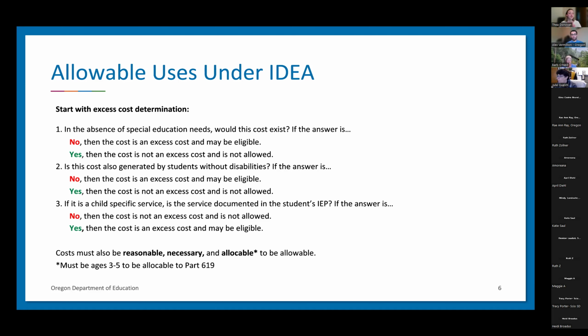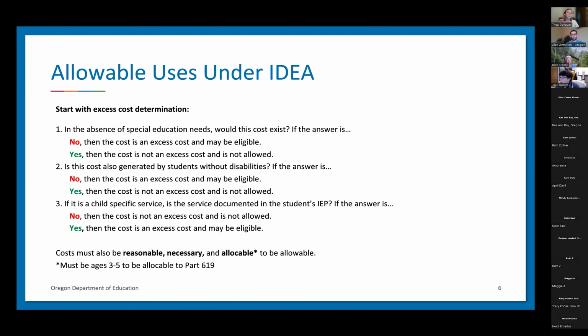If a student has a need documented on an IEP, there's a much greater chance that you're going to be able to get that cost approved for IDEA. So if you're unsure about something, if it's going to count, if it's on their IEP, definitely keep documenting that, because it's going to make it a lot easier to approve that expenditure.